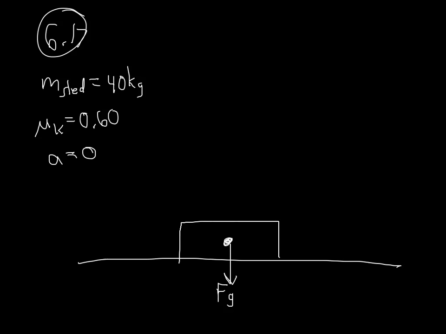What other forces? Fn, the normal force, is going up. What other forces? Force of pull, going up at an angle. And friction. Where does friction go? Opposite to pull.